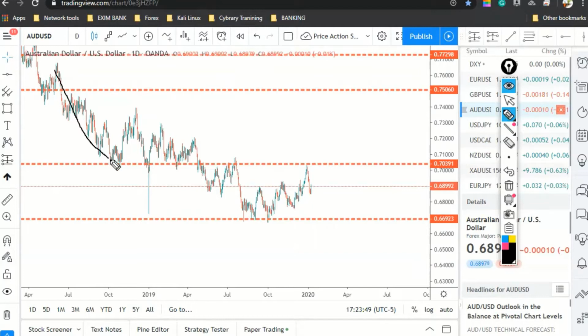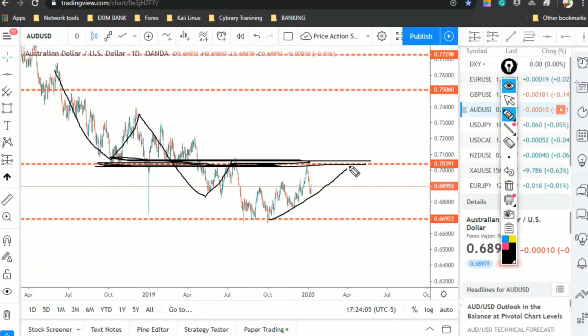This is the last push down, pull back, push, and pull back. The market did not break above this zone. So until it makes a higher high, this right here is just a drop in the bucket.